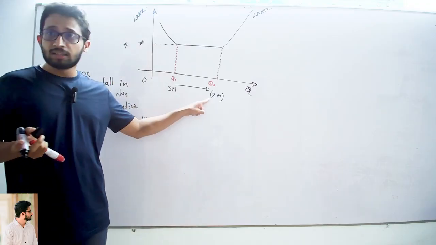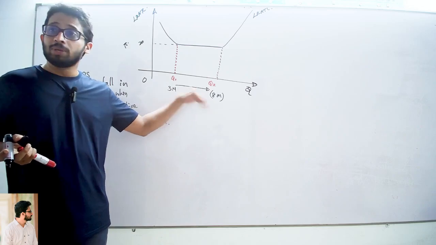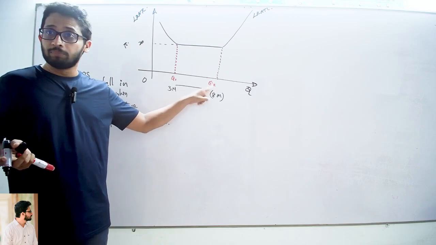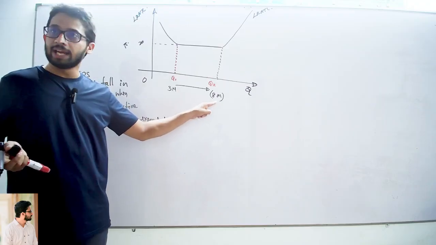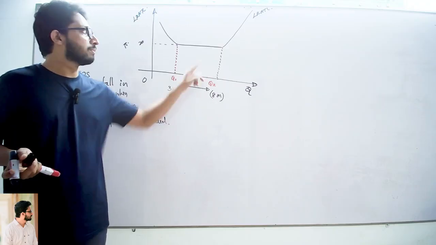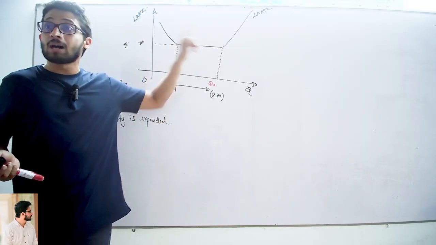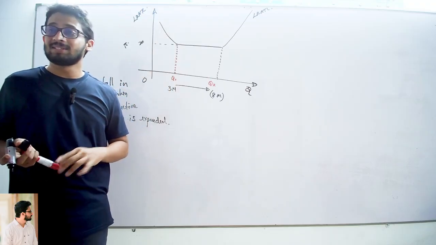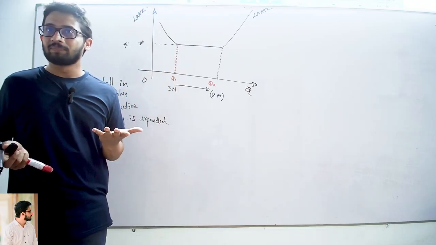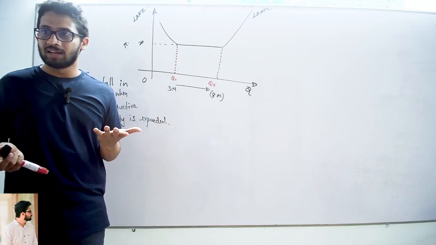But if they increase the output beyond the Q2 output level, beyond 8 million in my example, average total cost starts to rise. That is the very fabulous thing. Why? What is the reason?